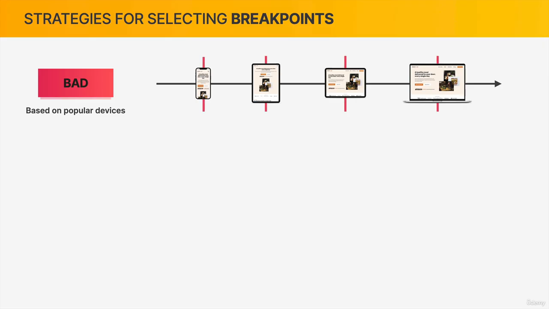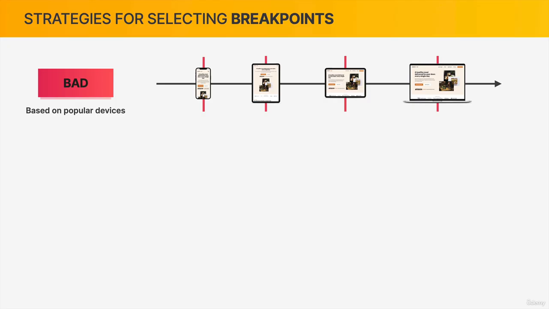And while this is certainly the easiest way of doing it, we actually no longer do this. And that's for two important reasons. First, when we optimize for one very specific device, we ignore all the other users of the other devices. And so we create a worse experience for them, which doesn't make a lot of sense.